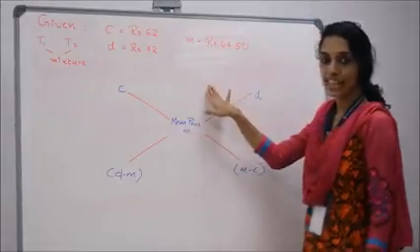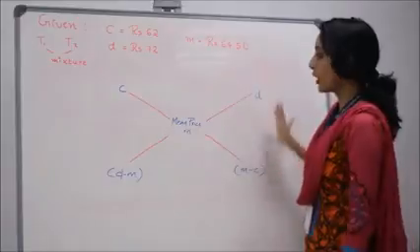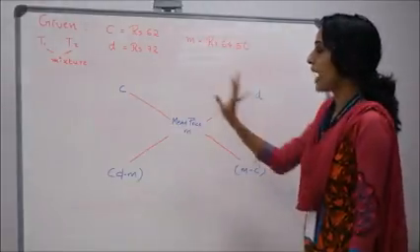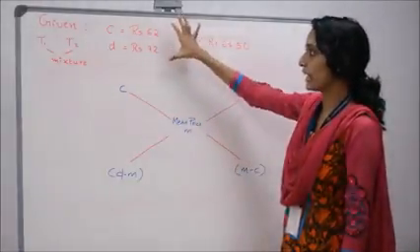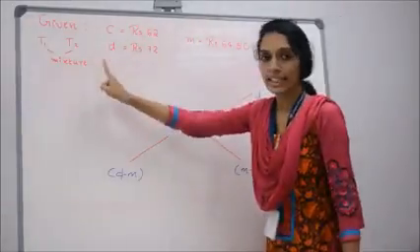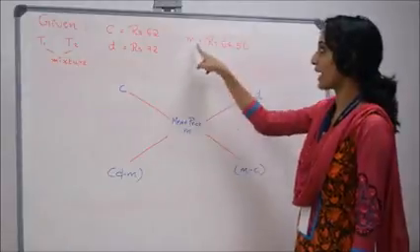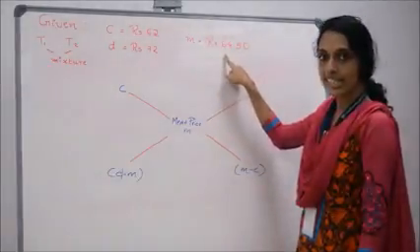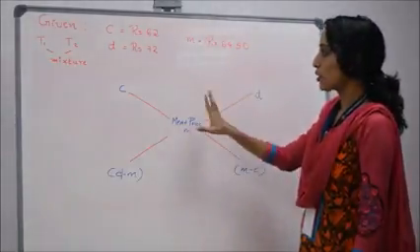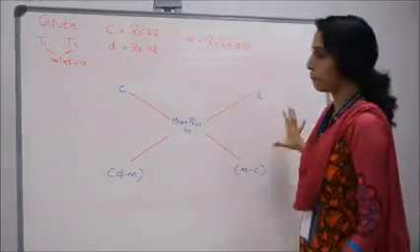Then the solution can be obtained by drawing this figure. That is, we are asked to find the ratio in which the two teas are combined so as to get the mean price as rupees 64.50. So we can use this figure.